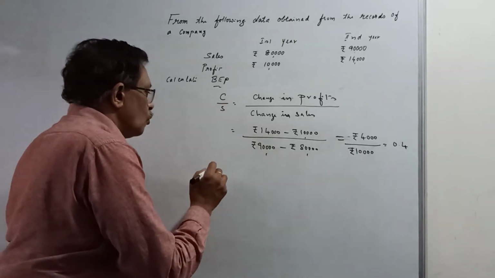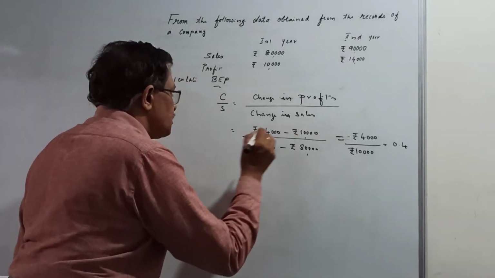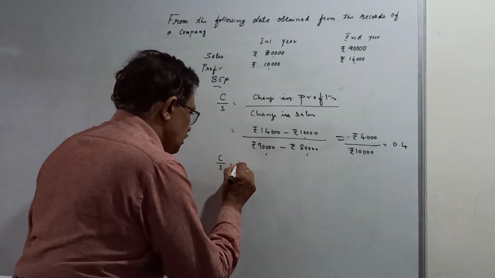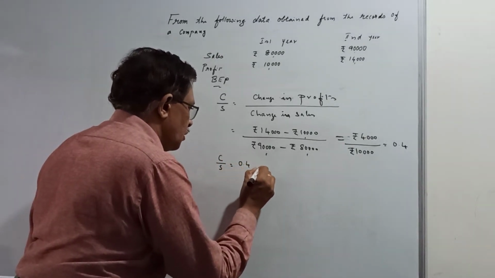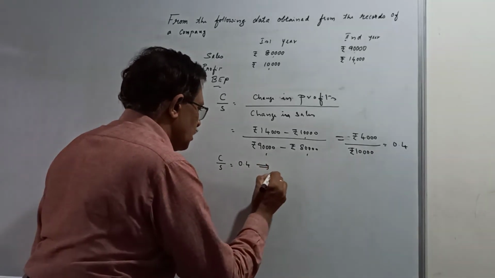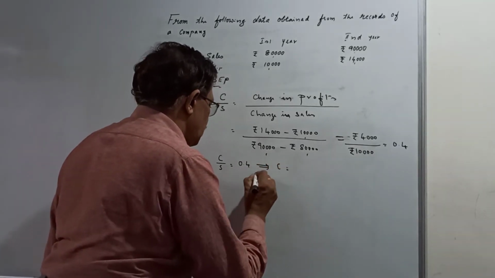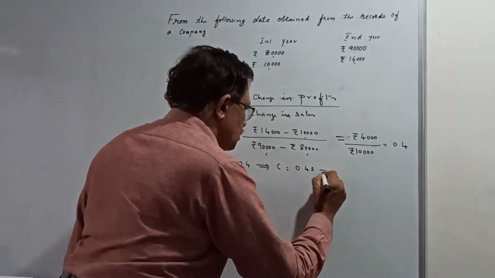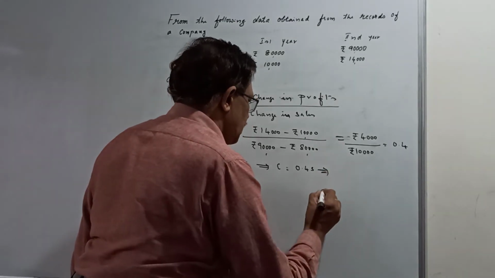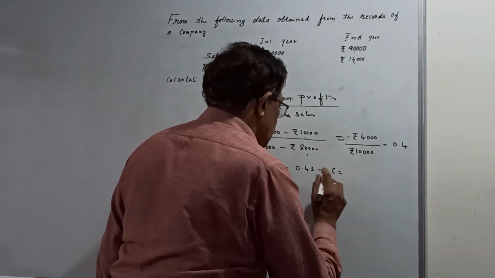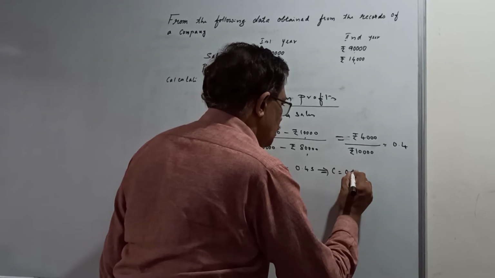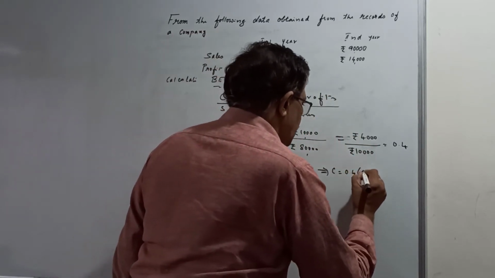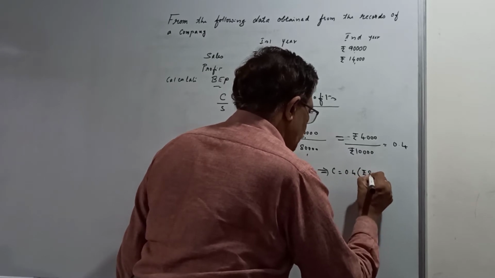Here we are given the information with regard to C by S. C by S is known to us as 0.4. That means we can say C is nothing but 0.4 S. So C is 0.4 into the sales figure, which is 80,000. Let us take 80,000.